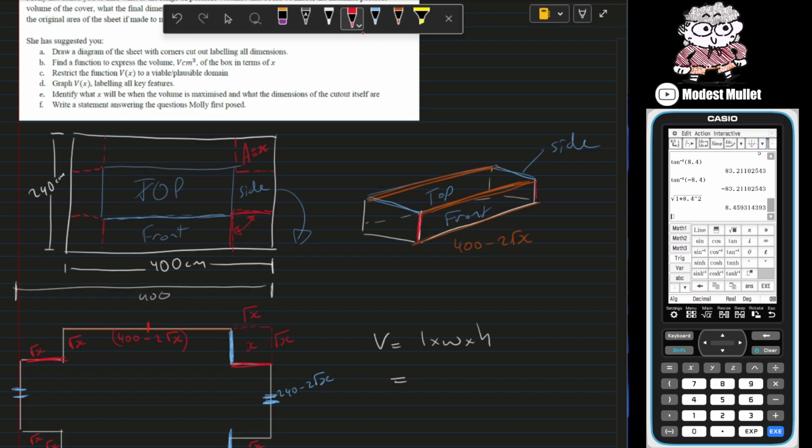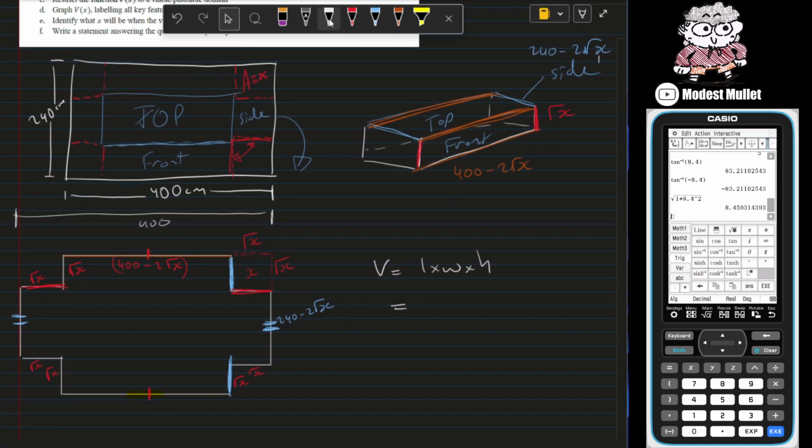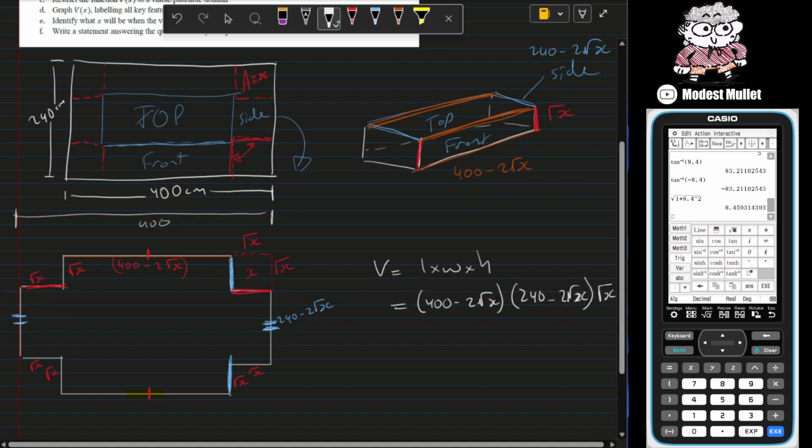The height of the box is root x, and the width of the side is 240 minus 2 root x. So there is our length, width, and height. So we get (400 minus 2 root x)(240 minus 2 root x)(root x).